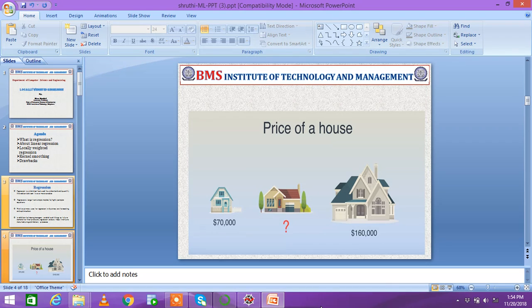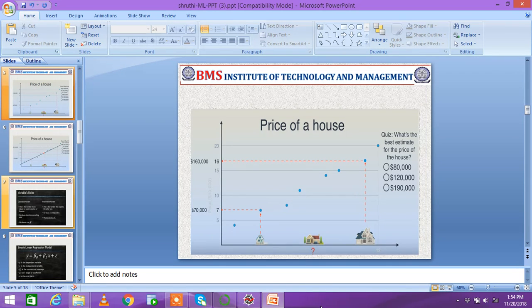Now, for example, I've taken a simple example where we are trying to predict the price of a house. There is a house price for a small house which is defined to be $70,000 and a huge size of a house which is $160,000. I need to find the price of a medium size house. Here, in an xy plane, we are plotting all the data samples given.